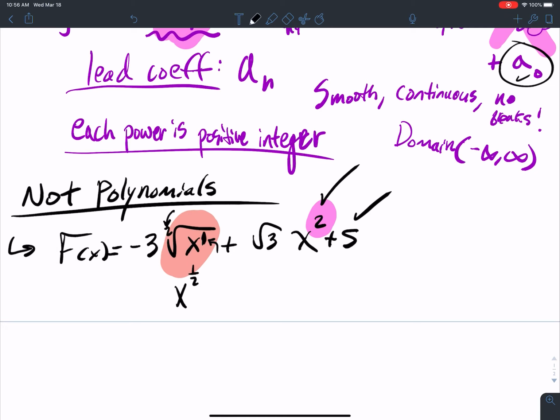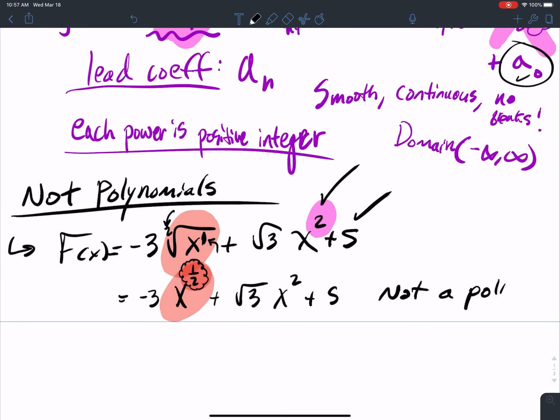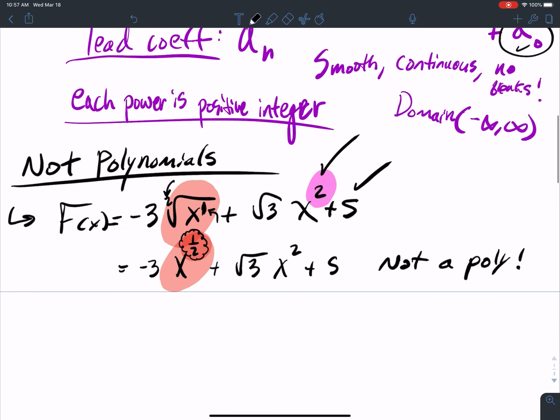That's x to the 1/2. Okay? So if you look at this, this is not a positive integer, therefore it is not a polynomial. Okay.